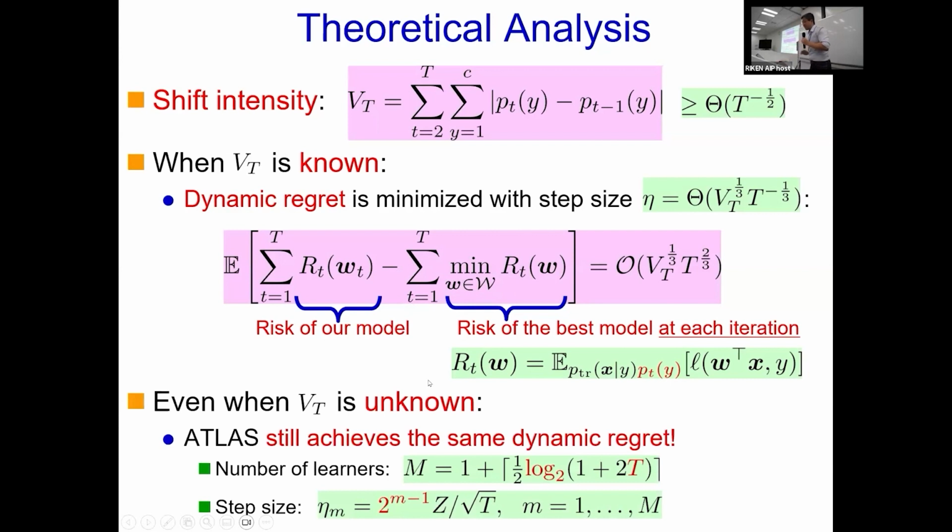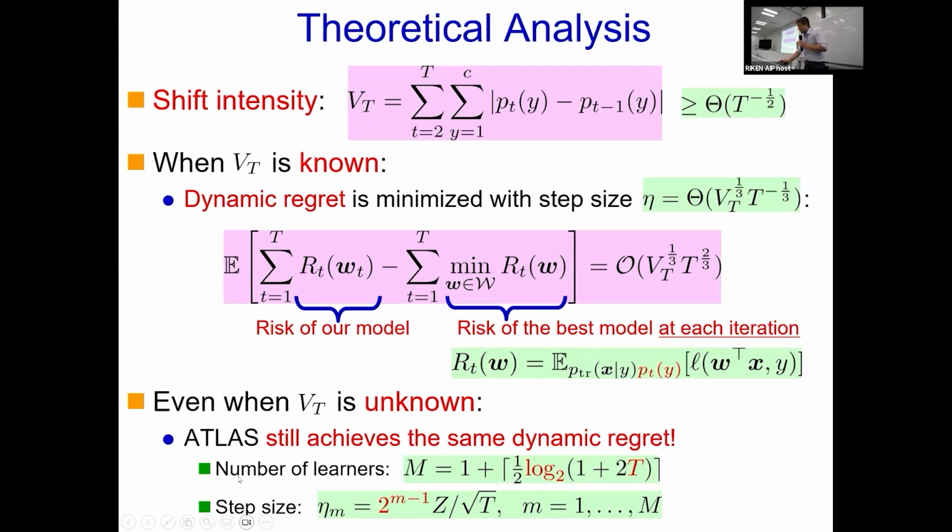And our theoretical result shows that even when Vt is unknown, our ATLAS still achieves the same dynamic regret as this value. We don't know Vt, and we only prepare M learners having different step sizes and take their ensemble. But still the same kind of dynamic regret is achieved.